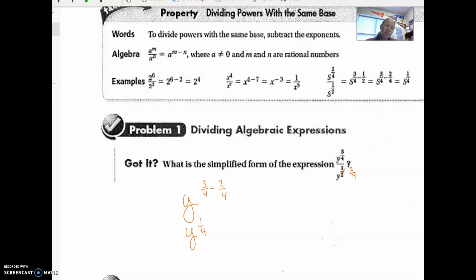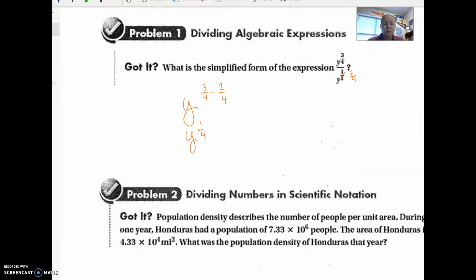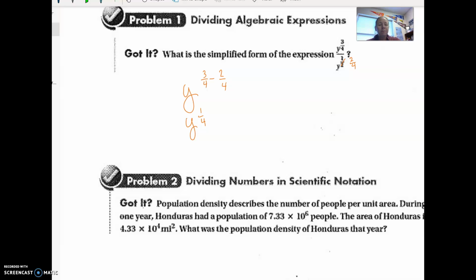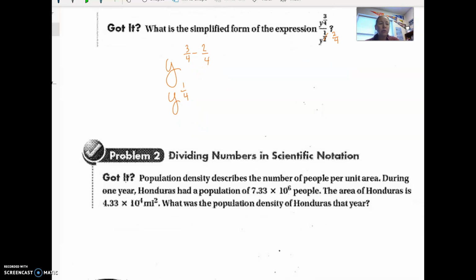And of course, that's just a basic problem, and they can get more complex as we go. We can also see how it's used in scientific notation. So we know that during one year, Honduras had a population given by this in scientific notation, that many people.